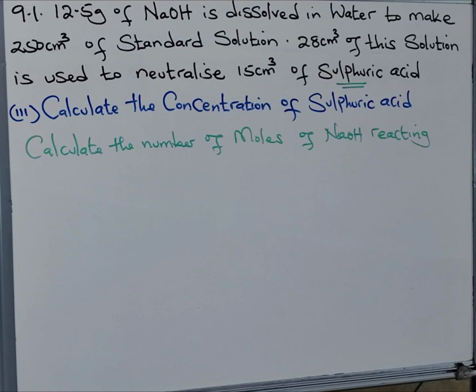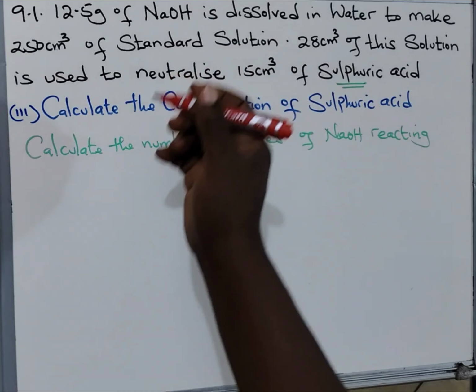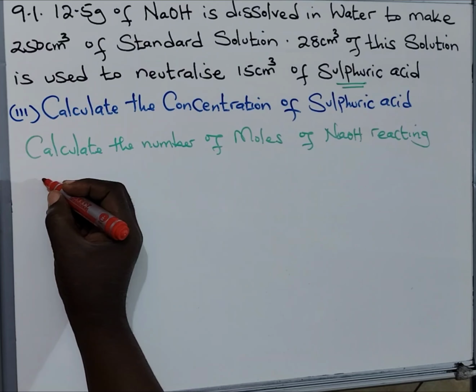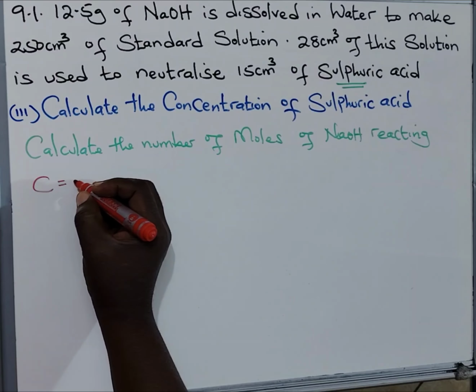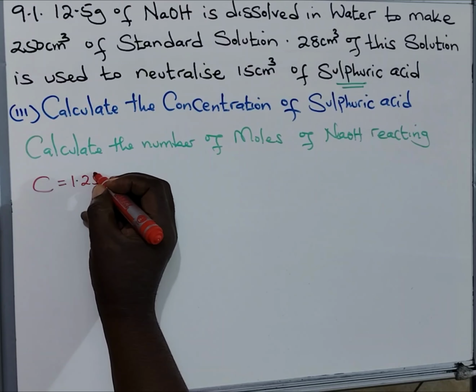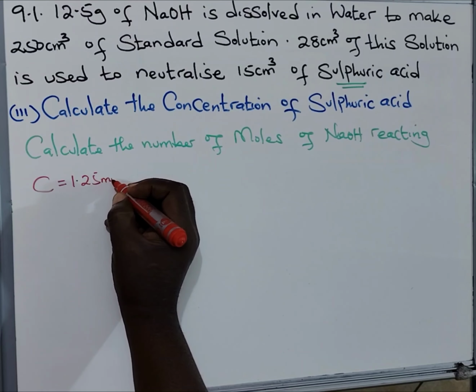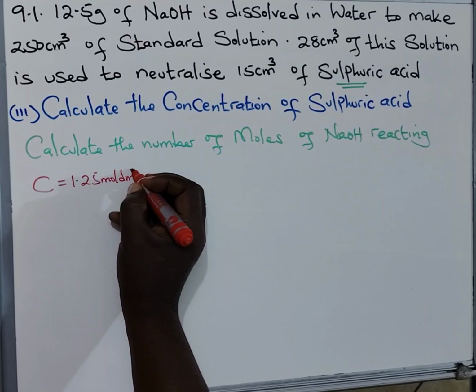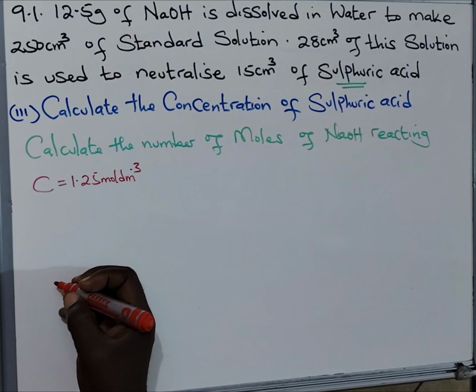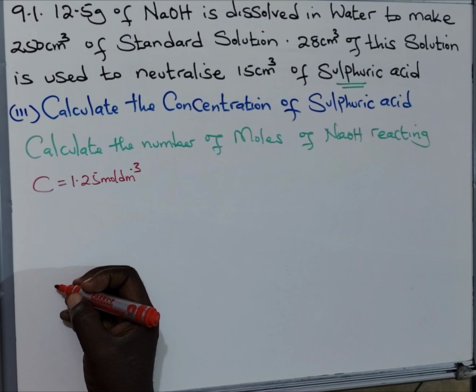So let us check what we know about sodium hydroxide. This is what we know. We calculated concentration, which was 1.25 moles per cubic decimeter. Then what else do we know?